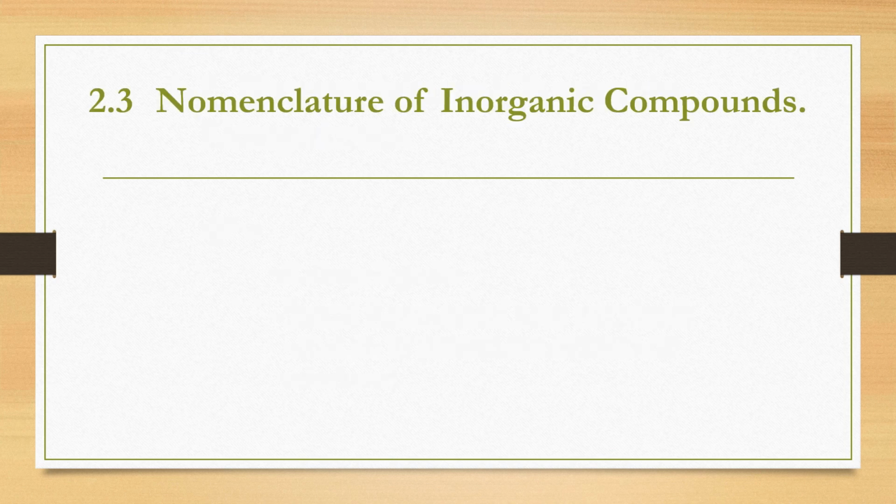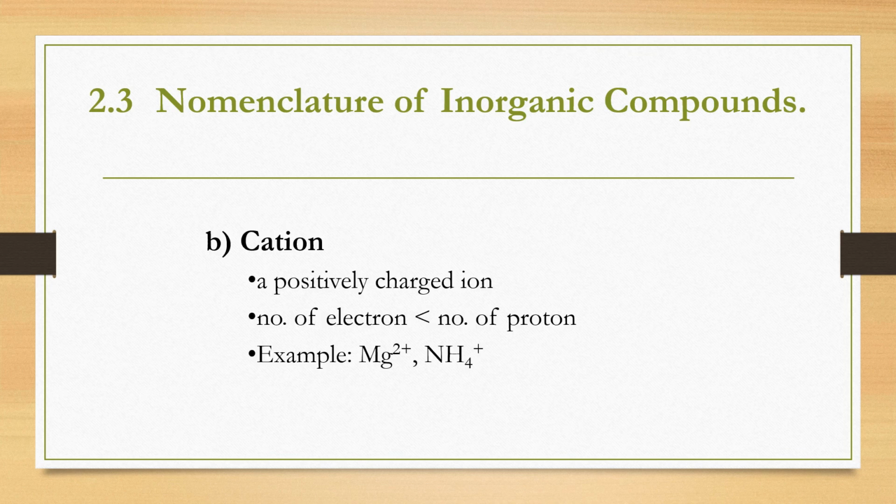An ion can be divided into two: cation and anion. A cation is a positively charged ion. It contains more protons compared to electrons. One of the examples is Mg2+.